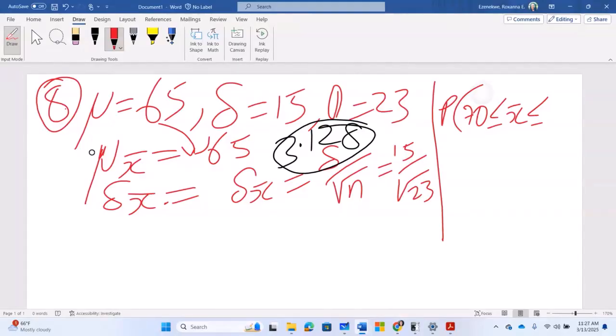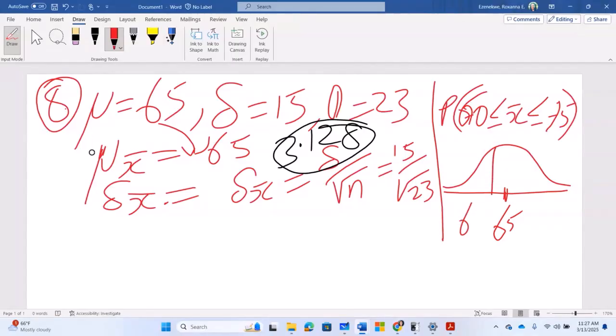So I am told to find the area under the central limit theorem. The mean is 65, and 60 is below the mean, and 75 is above the mean. So I am told to find the area between.